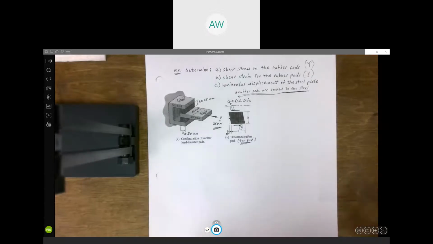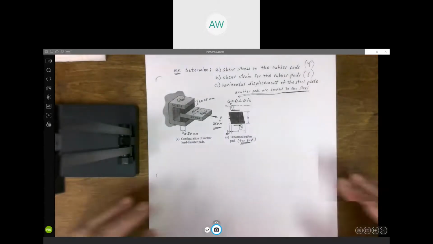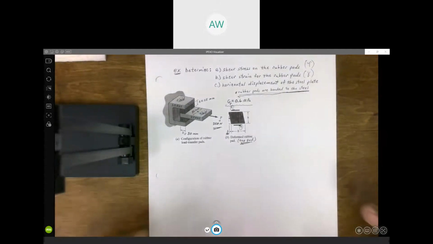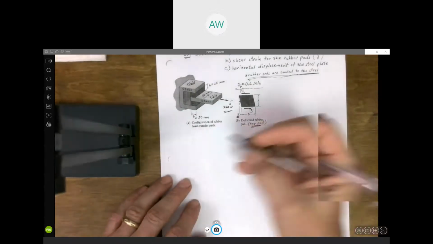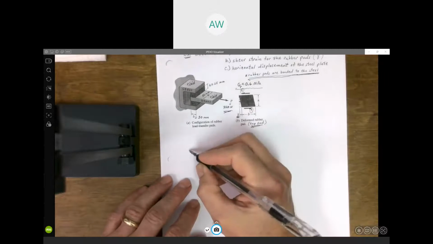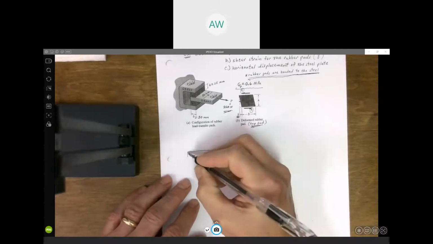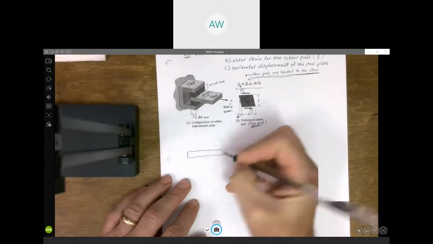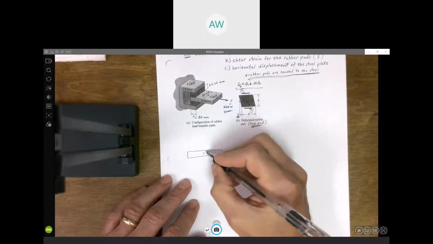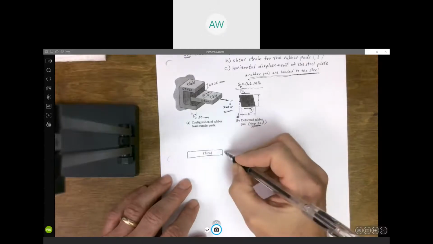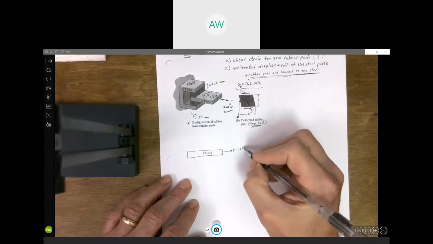And before we start doing any calculations, let's draw a quasi free body diagram, and I'm going to do this in 2D, because I can draw much better in 2D, and I think it illustrates what we're actually doing here. So here's my steel plate, applying this force of 250 newtons.